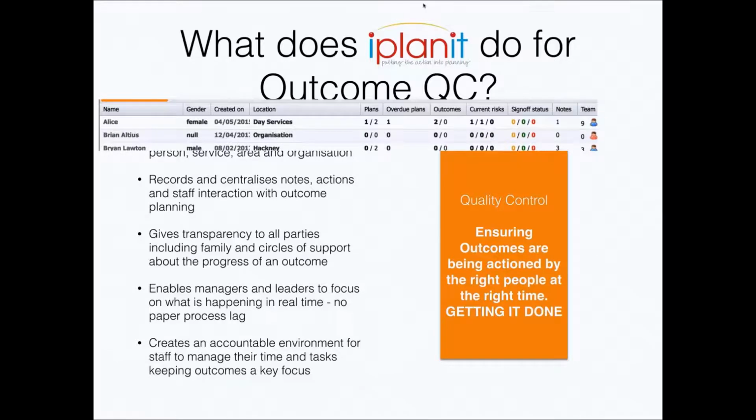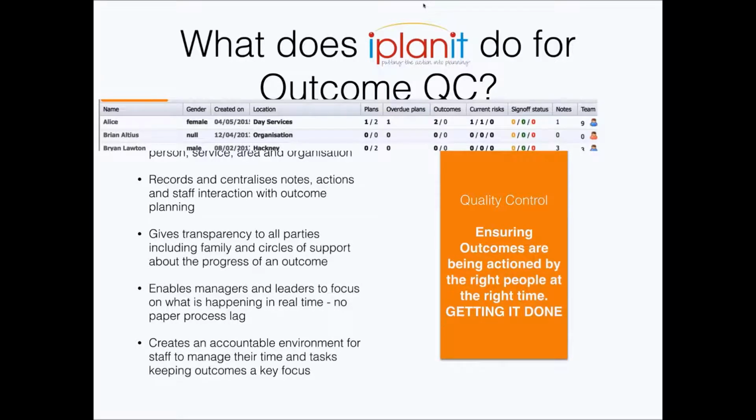And it creates an accountable environment. If everything is tracked, every outcome is set to a person, a staff member who has a manager, who has an area manager, who has the bigger organizational side of things, we can drill down into individual accountability or organizational accountability, whether that be that plans have been written, whether the outcomes have been written.